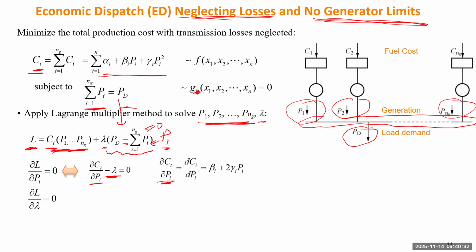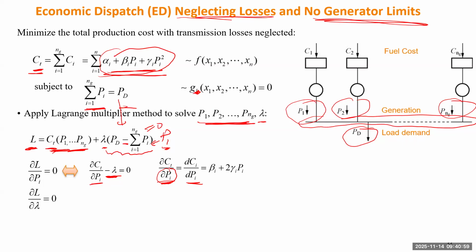And second, to calculate the partial C by partial Pi, because the total cost is actually the summation of the cost of each individual power plant, if we calculate the partial derivative with respect to only power plant number 1, we only need to pick that cost function for power plant number 1. So which means we only need to calculate this conventional derivative, dCi by dPi.